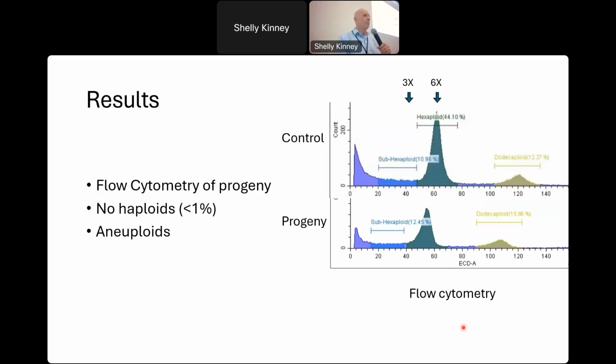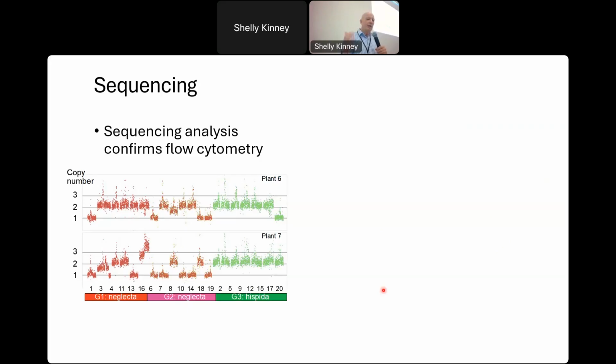Long story short, it did not work. We didn't get haploid induction, but we got a decrease in genome size. And so we decided to go and follow it up, see what's happening. And here's the classical analysis. Flow cytometry only gives you so much information, so we sequenced these genomes, and what we can extract then is the dosage of each chromosome purely by the amount of reads that we get on each chromosomal bin.